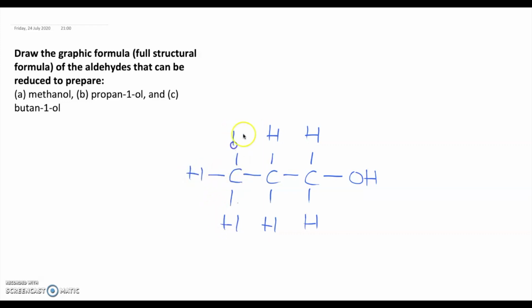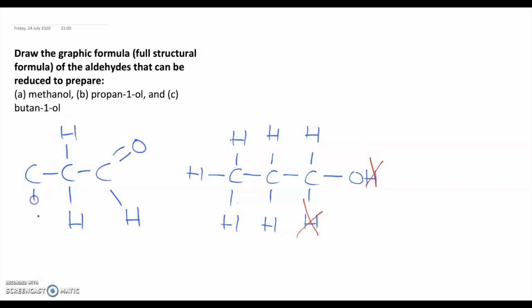I'm going to take away a hydrogen that was attached to the oxygen, and I'm going to take another hydrogen away from the carbon that the OH is joined to. Now that will leave me with the aldehyde that is used to make propan-1-ol, and this aldehyde is going to be called propanal. So I'm just going to put in the last few hydrogens, and there we have the aldehyde propanal that is reduced to form propan-1-ol.